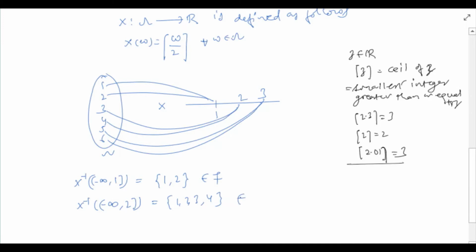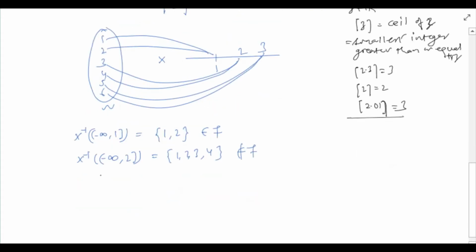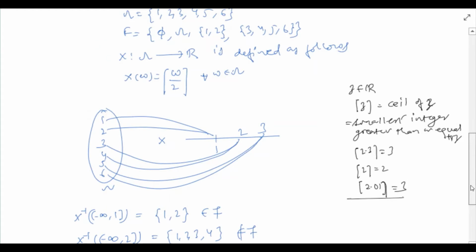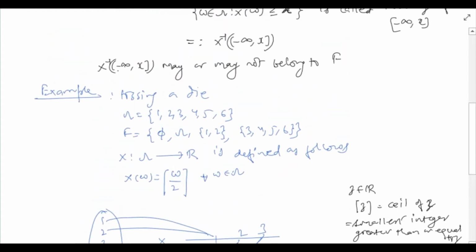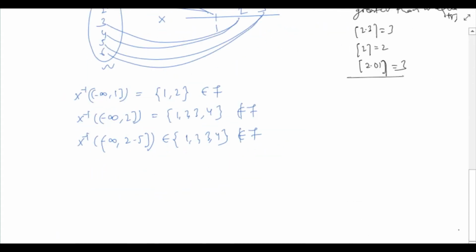Now {1, 2, 3, 4} is not in script F. Similarly, if we consider the pre-image of minus infinity to 2.5, this will also be {1, 2, 3, 4}. This is also not in F. So we see that the pre-image X inverse of minus infinity to x may or may not belong to the event space.